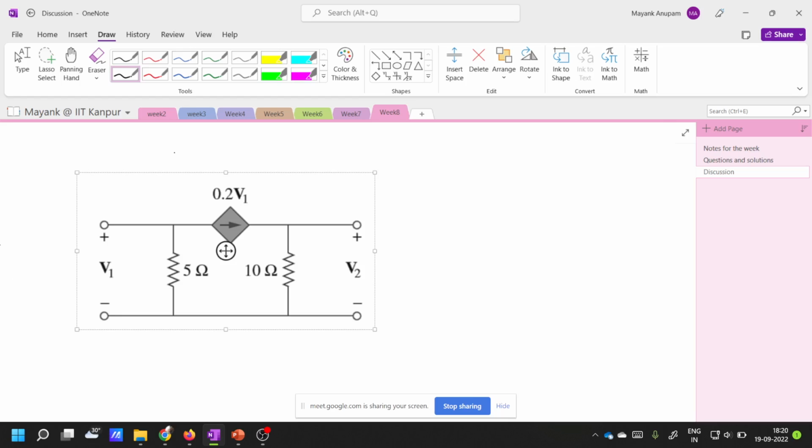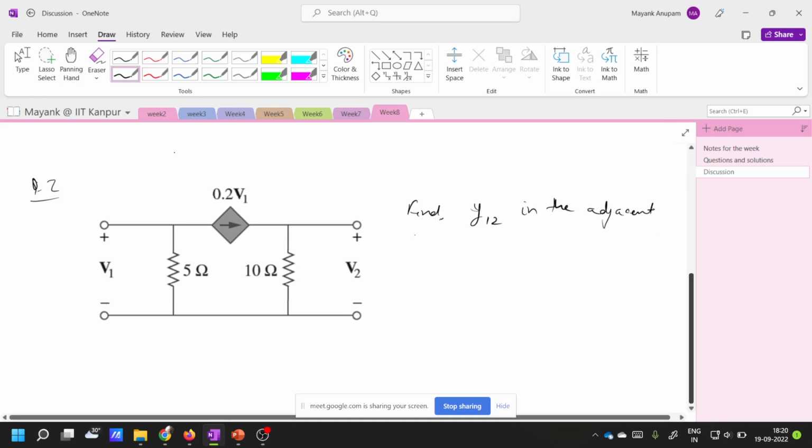This is question 2. Find Y12 in the adjacent network. Correct? Let's do it now.